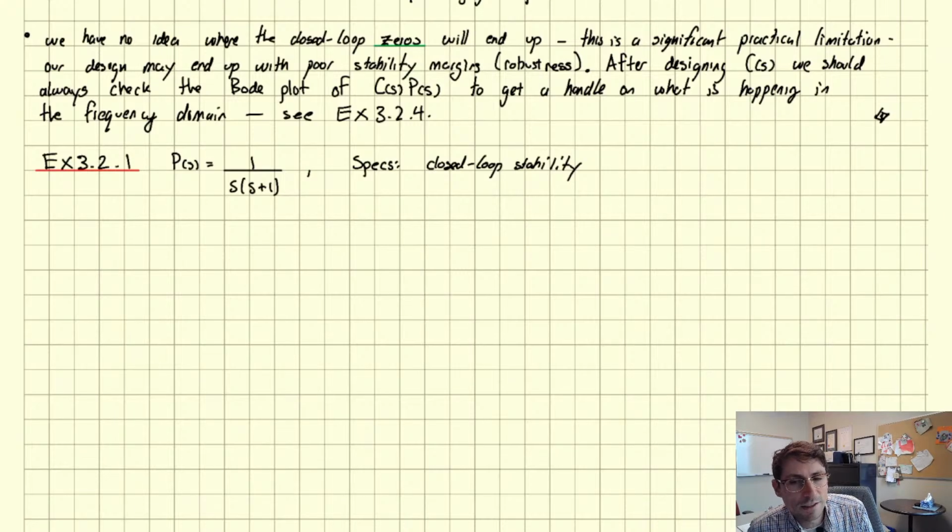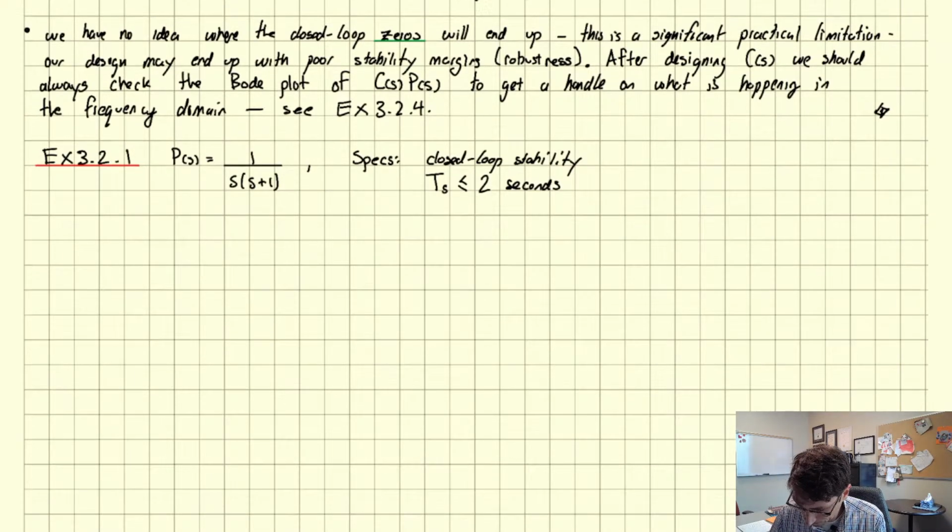At some point I'll stop writing that as a specification because of course it goes without saying. It's the fundamental specification. And our settling time less than 2 seconds. Okay, so let's go through the motions here, the steps.